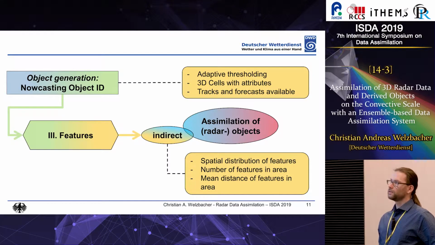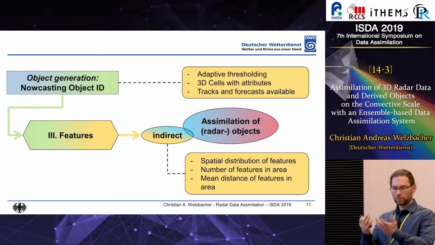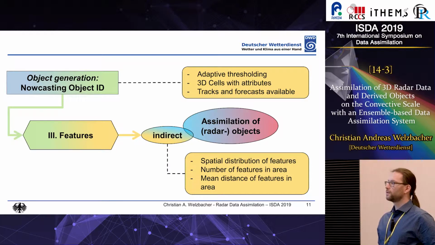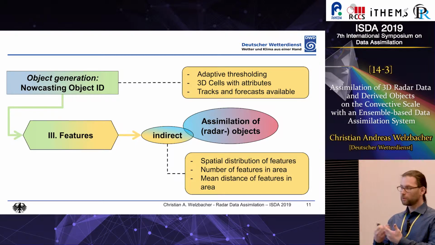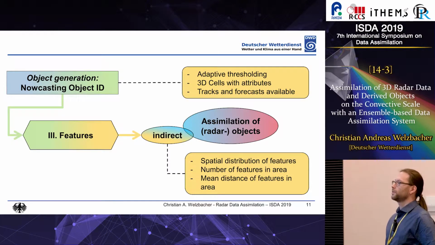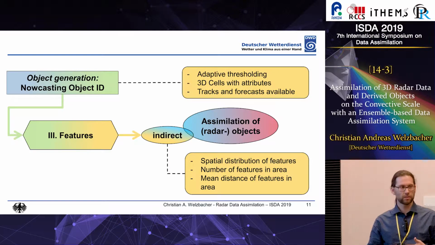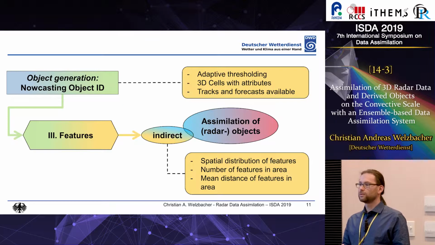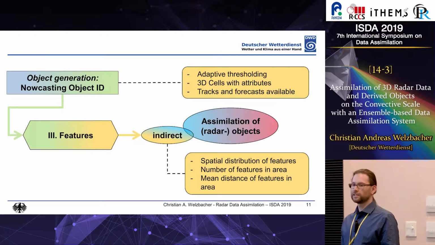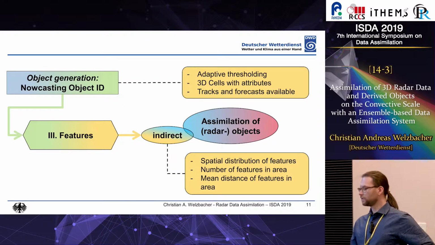And in the same spirit as before, we can assimilate those by looking in these boxes and, for example, look at the spatial distributions of features or these objects and the number of features in the area, or quantities like the mean distance of features in each box. Or you could also think of the vertically integrated liquid or lightning activity.